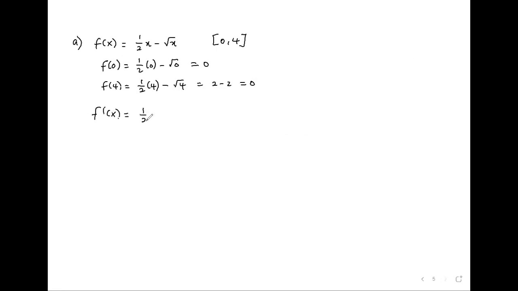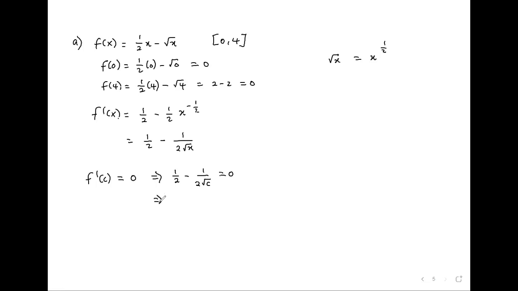Let's see. You can write root x as x to the power half. So that when you differentiate, you get half x to the power negative half. This is the same as half minus 1 over 2 root x. It is differentiable. So there's a number c that if you take in the derivative, we'll get 0. Meaning half minus 1 over 2 root c is equal to 0.